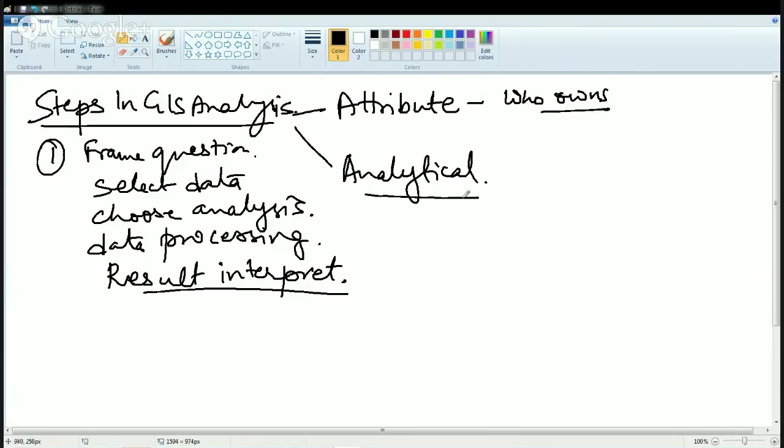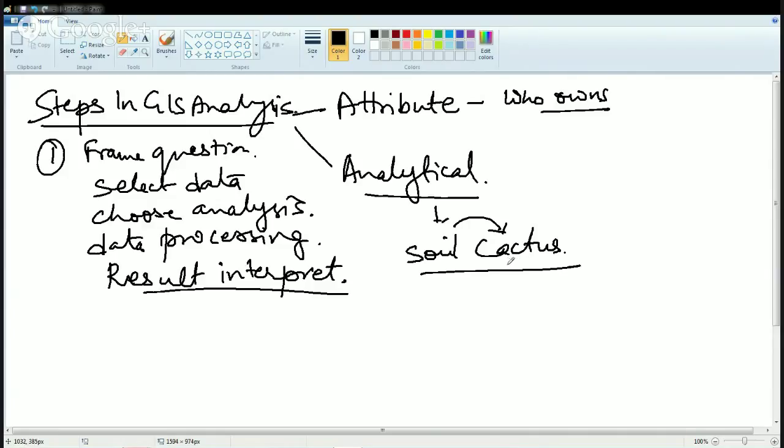Then there can be an analytical question. For example, you have 10 different types of soils, and I'm trying to analyze on which soil cactus will grow the best. So I'm trying to analyze the soil type which is suitable for the growth of cactus. These are the two types of methods we usually use to analyze any GIS concepts.